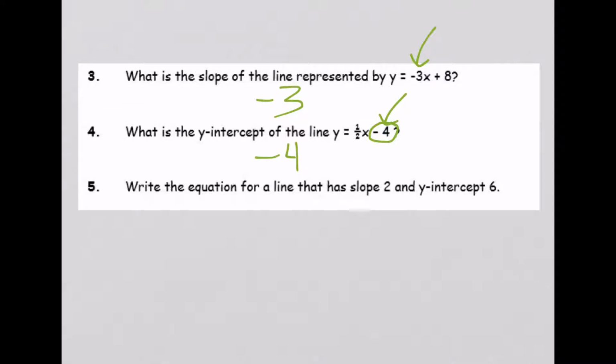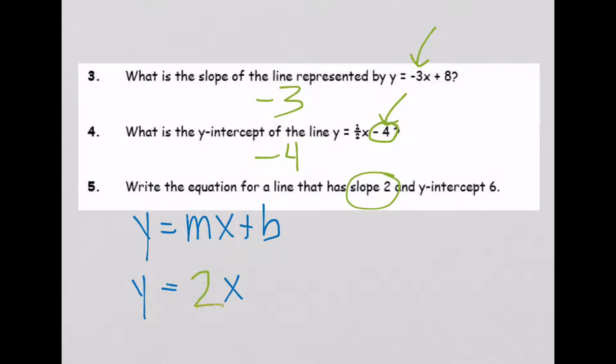Now write the equation for a line that has slope 2 and y-intercept 6. We are going to base that again on y equals mx plus b, where it's always going to be y equals something x plus something. The slope is 2. If the slope is 2, that's what goes in front of the x. And if the y-intercept is 6, that's what goes at the end.